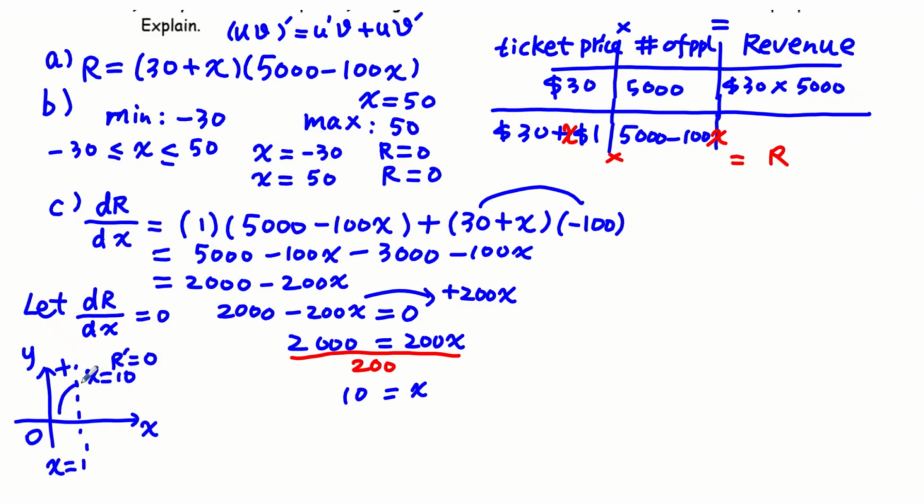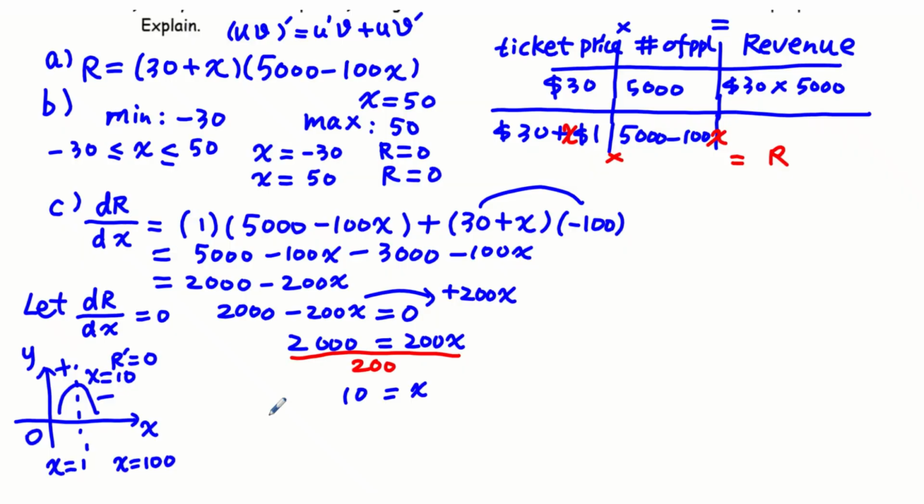And this is equal to 0. Then on the right side, we could just pick any number, a big number, 100. We put 100 here, 2,000 minus 20,000. We know it's negative. Negative means the slope is negative. So from here, we are able to say you have a local maximum here.